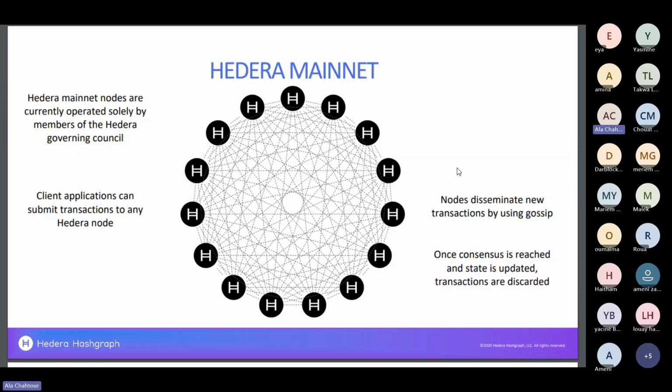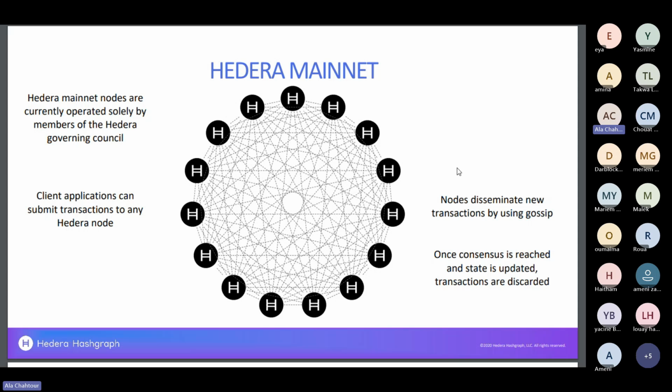I just want you to know, guys, that in every blockchain network, we mainly have three networks. The first one is the mainnet network.